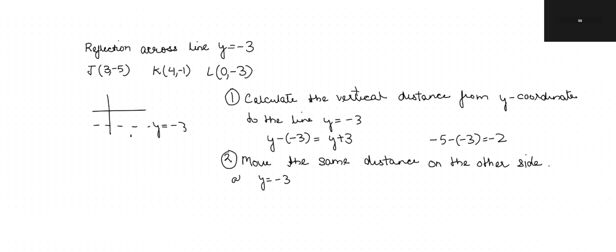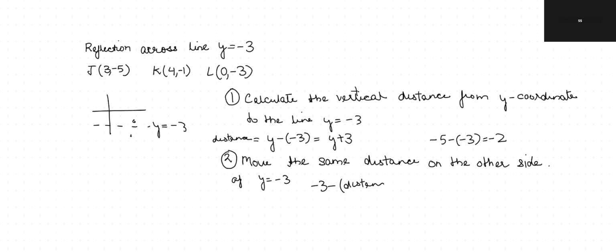So to the other side, that will be -3 minus the distance which we got. So -3 minus (y plus 3).